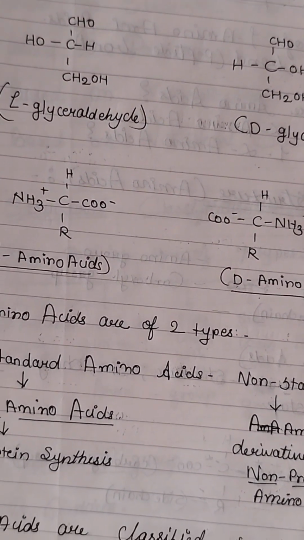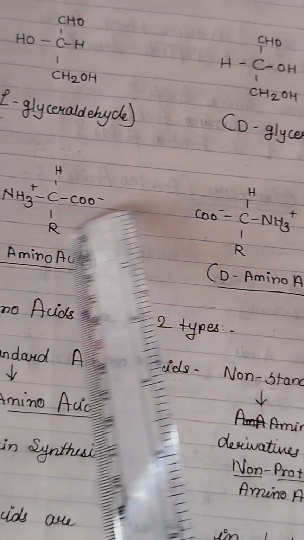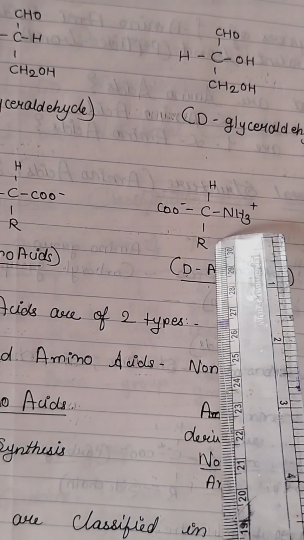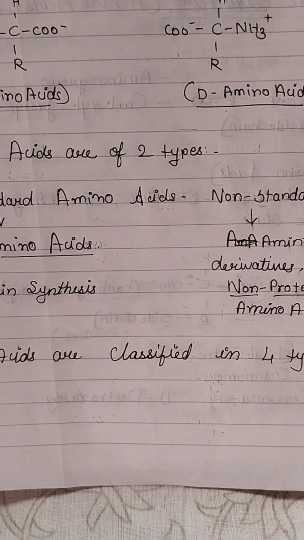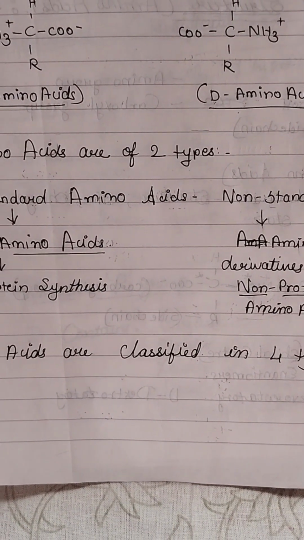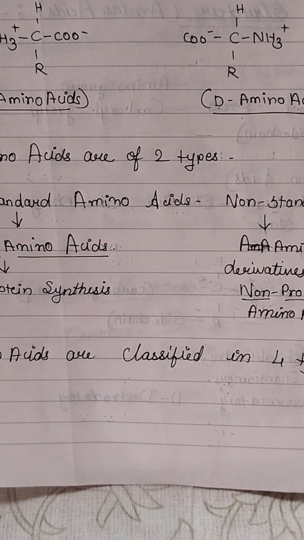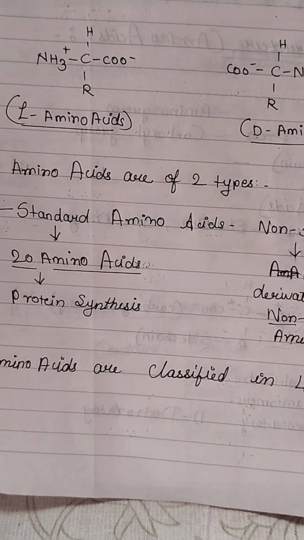In the same way, in L amino acids the amino group is present on the left side, and in D amino acids the amino group is present on the right side. L amino acids occur in all biological proteins, and that is why proteins are polymers of L amino acids.